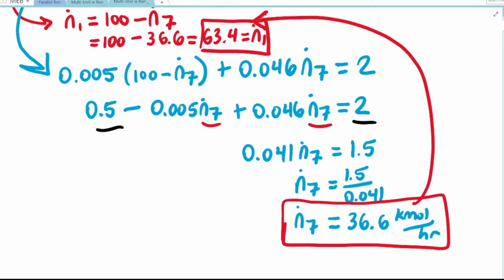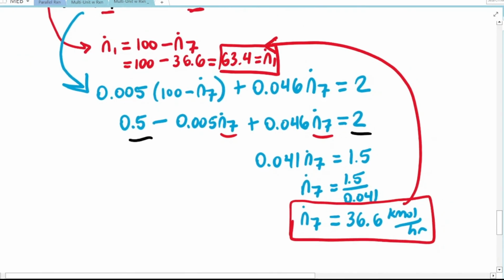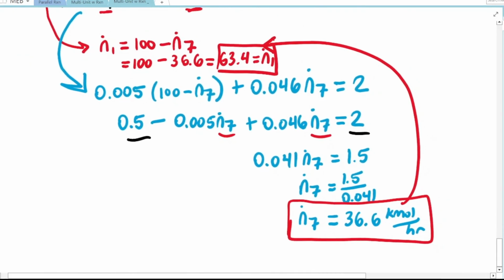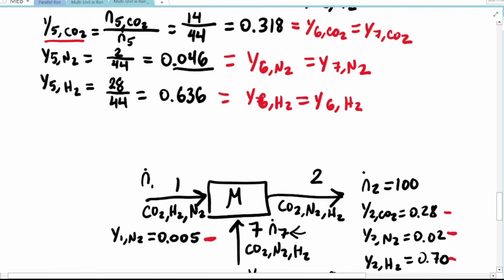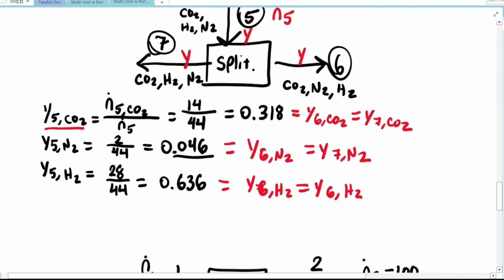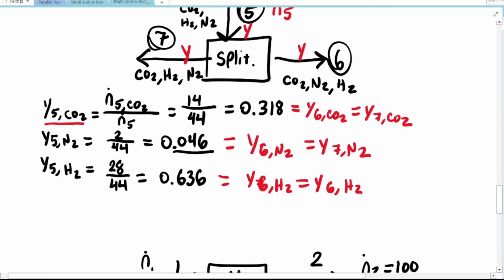And so now I have both N1 and N7, and we can go back to our splitter to determine N6 dot. At the splitter, we can do a total material balance. So we know N5 dot equals N6 dot plus N7 dot.